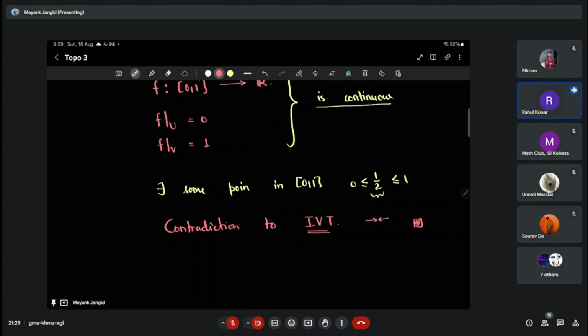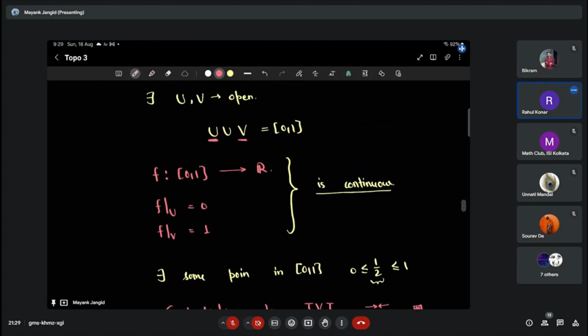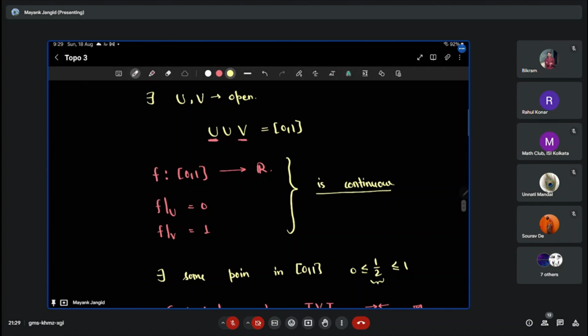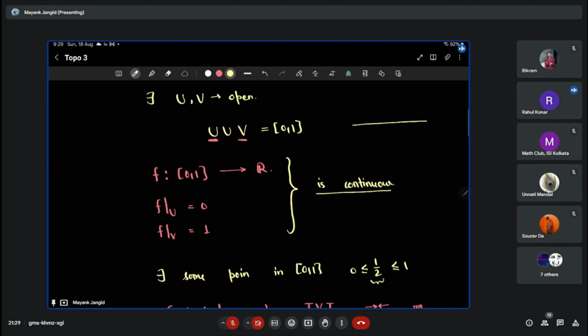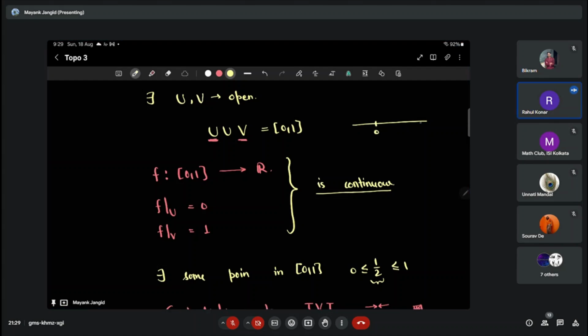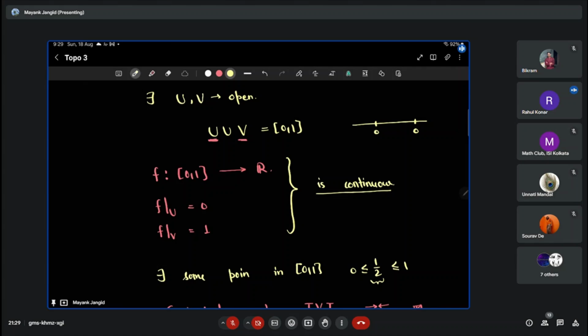I did not understand this construction and why it is continuous. Can you explain that? Yeah, sure. By the definition of continuity, what we need to check is that pre-images of open sets are open. If an open set does not contain 0 or 1, then the pre-image is empty, which is open.